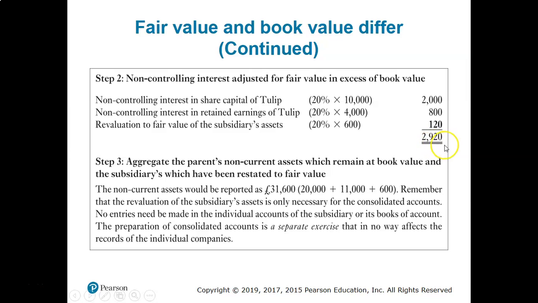So 2,920 would be the total non-controlling interest. And the value of asset would be 31,600: previously parent company 20,000 and subsidiary 11,000, and a 600 increase. So the total non-current asset reported in the group financial statement is 31,600.